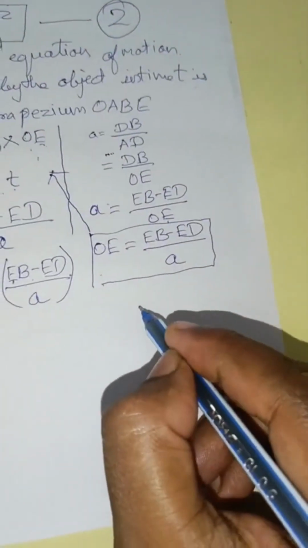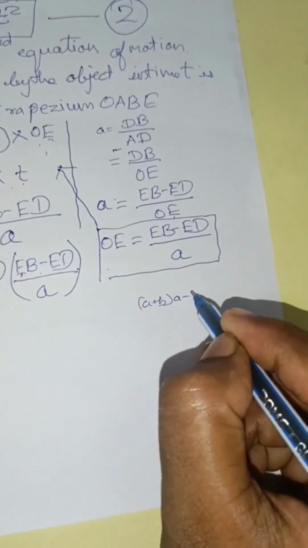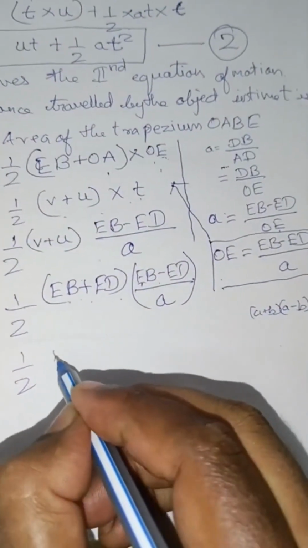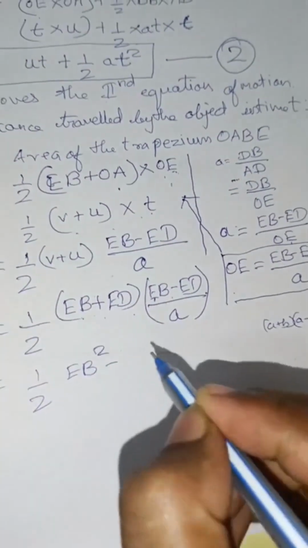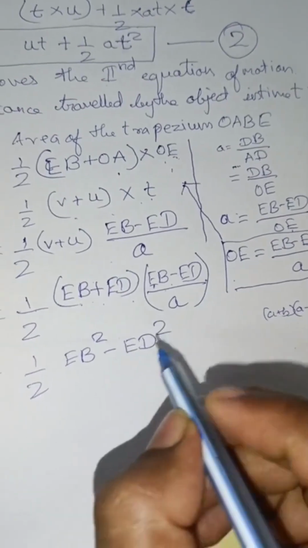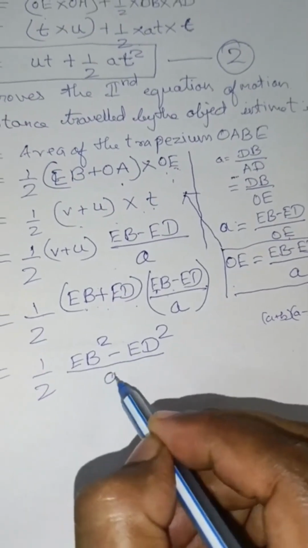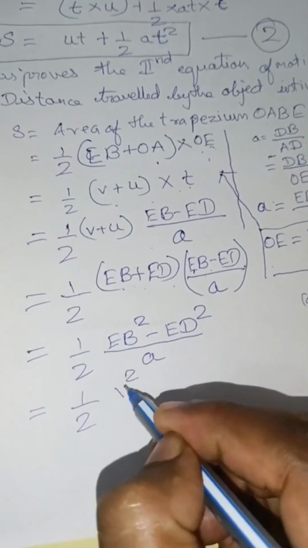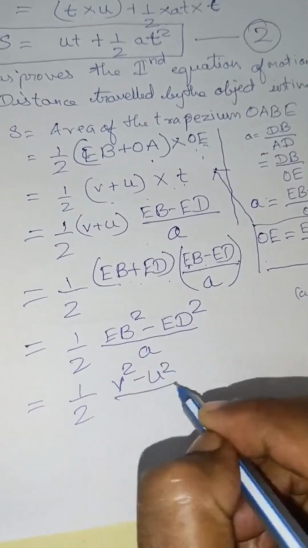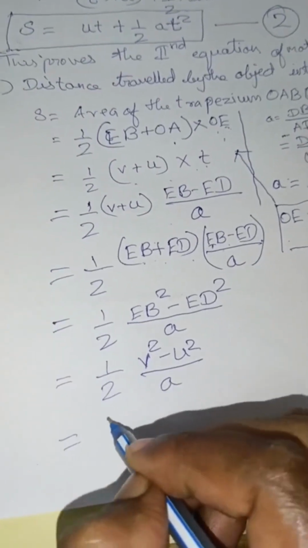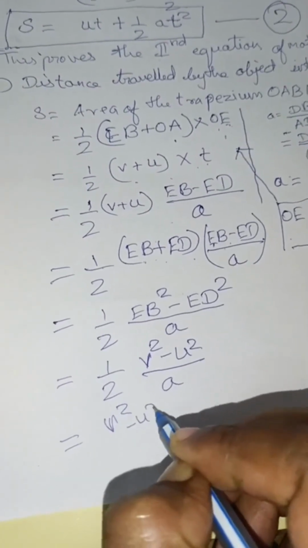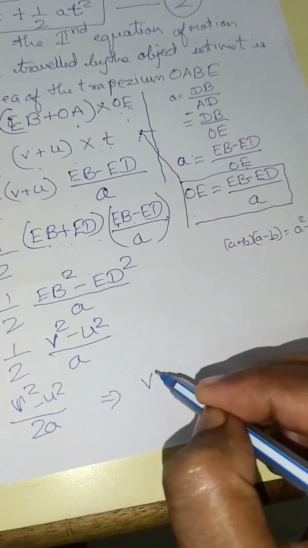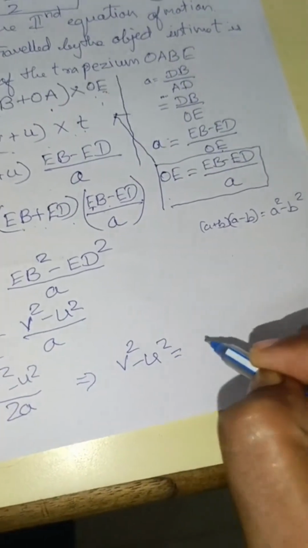What is the formula there? (A plus B)(A minus B) is also called A square minus B square. So I can write it as (EB square minus ED square) by A. I can rewrite this equation as half times of (V square minus U square) by A, and finally the equation will be (V square minus U square) by 2A, and the derivation will be V square minus U square is equal to 2AS.